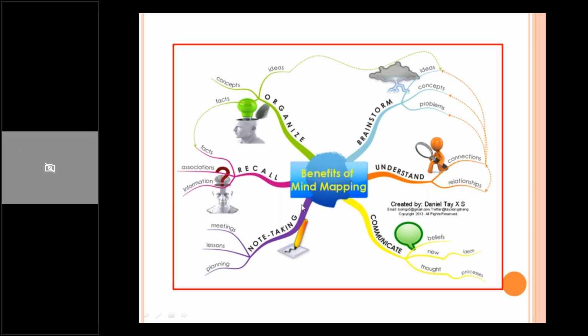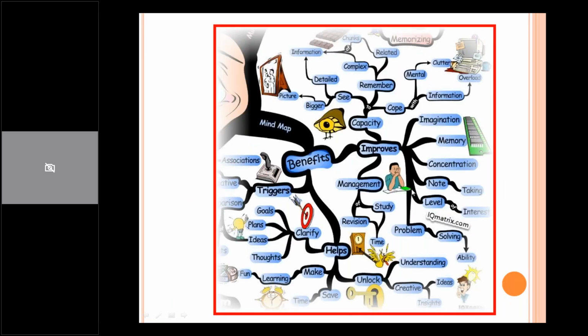And you can take effective notes from meetings, for your lessons, for your planning, and you'll be able to recall. If you're using mind map, you'll be able to recall the facts, associations, and information very fast. Recall rate will be higher, and you'll even be able to organize your ideas or concepts or facts in a much more interesting manner. And this one particular mind map summarizes the whole thing about the use of mind map.